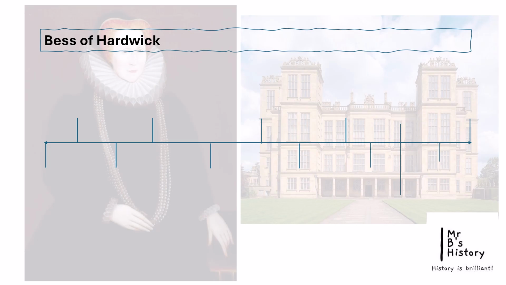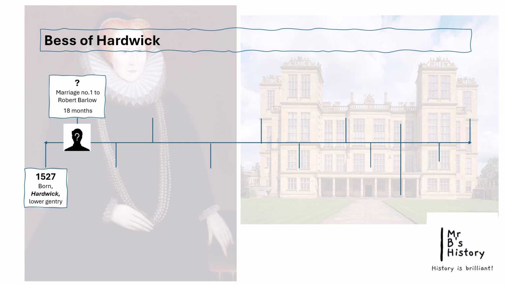So the main person to focus on is Bess of Hardwick. She's born in Hardwick of lower gentry stock in 1527, and she marries, we're not exactly sure, to husband number one, Robert Barlow. That lasts for about 18 months and the poor chap dies.